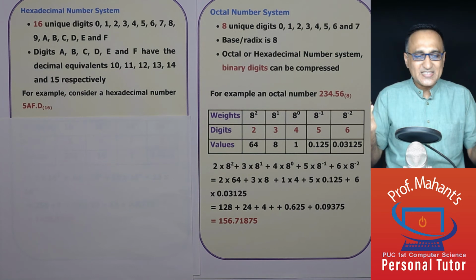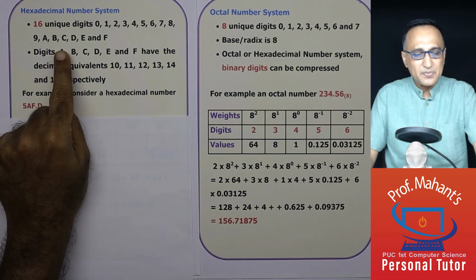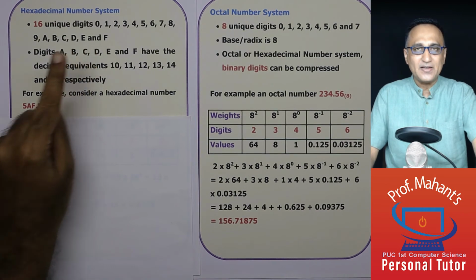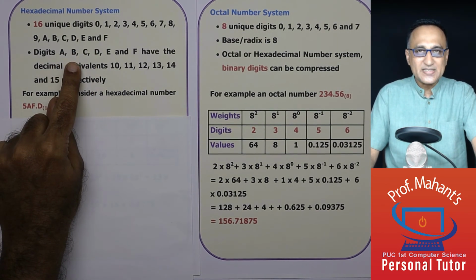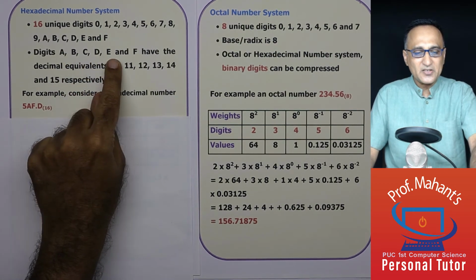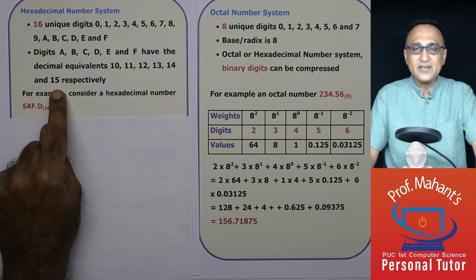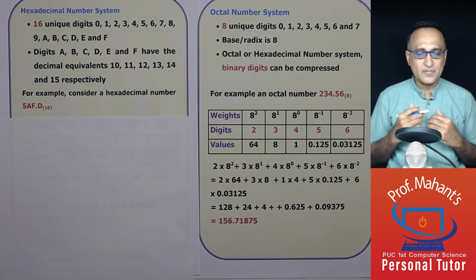You've got 16 unique digits starting from 0 and you have the letters A, B, C, D, E and F. The digit A represents 10 in decimal, B represents 11, C represents 12, and so on. F represents 15 in decimal. That is the equivalent decimal values.